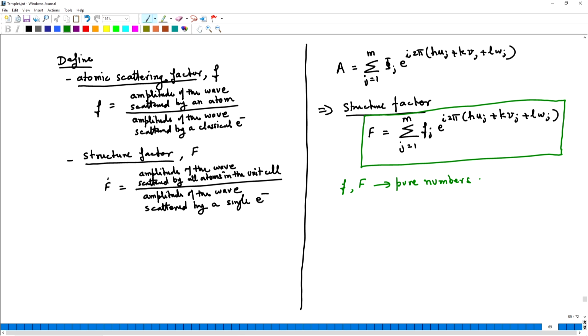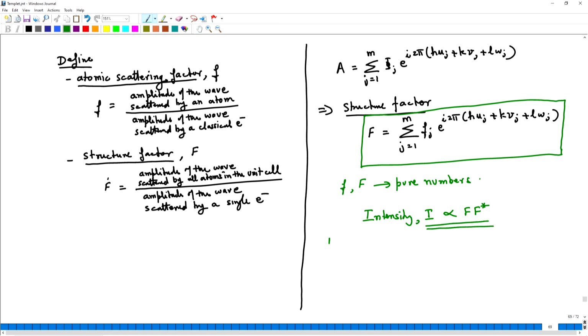Now that we have defined the structure factor, another thing that one can note is that the intensity of the diffracted beam would clearly be proportional to F star, the product of the structure factor multiplied by its complex conjugate.